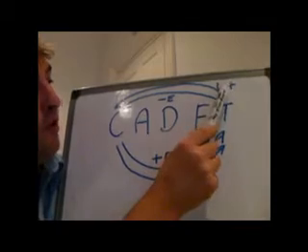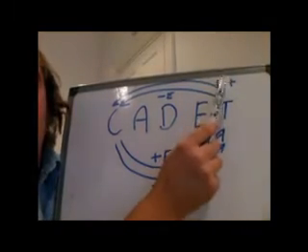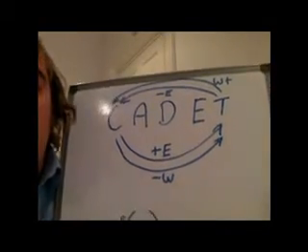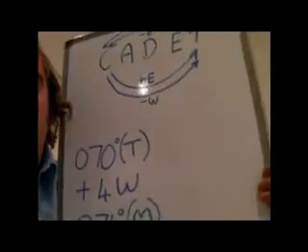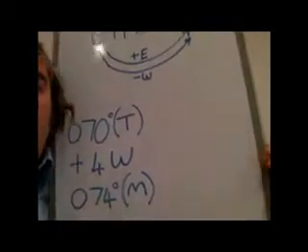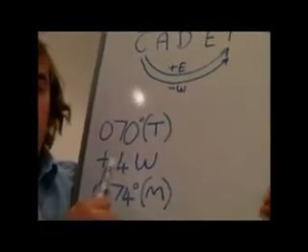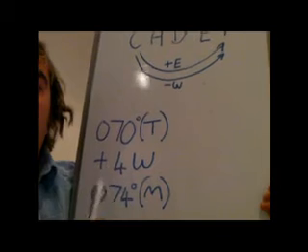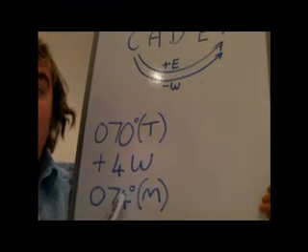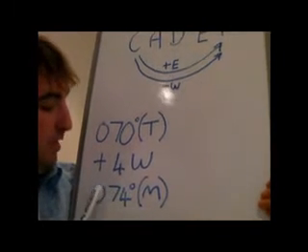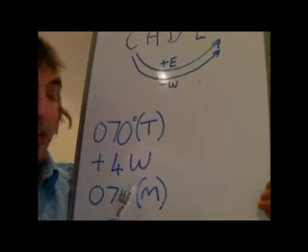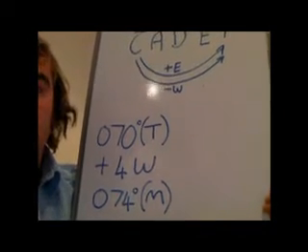So we're going to plus, we've got to add the westerly variation. We've got 4 degrees of variation, so that means our magnetic course, what we'd have to stay on the compass, would be 074 degrees magnetic.